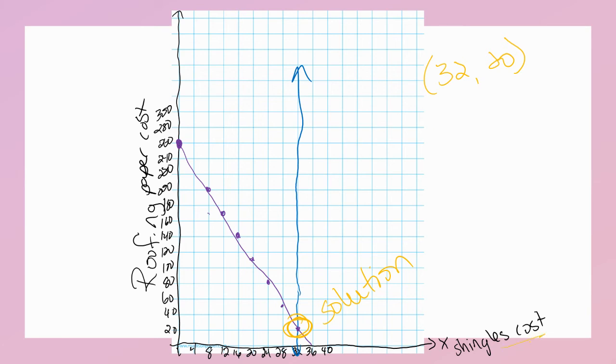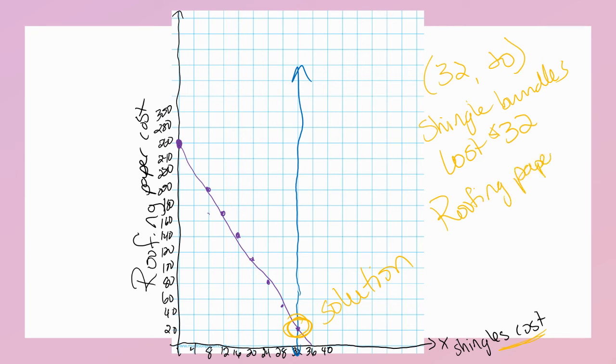So since x is my shingles cost, then we say shingle bundles cost $32, and roofing paper rolls cost $20 each. And that would be how I would answer that question.